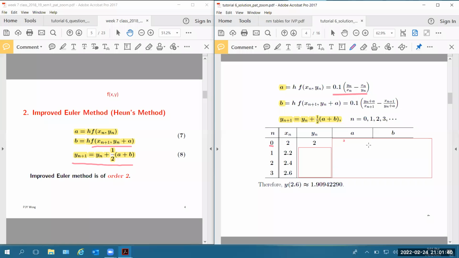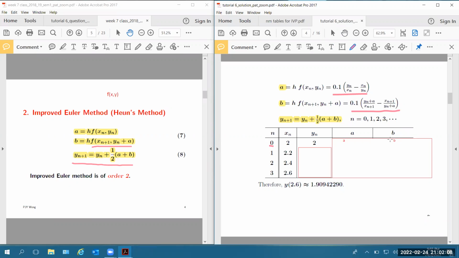Similarly, when you want to calculate your B here, this is your B. Now, how do you get your B here? Of course, you need your B formula. You look at your B formula, it is like that, right? Over here, you see your y_n, x_n again, all the n.